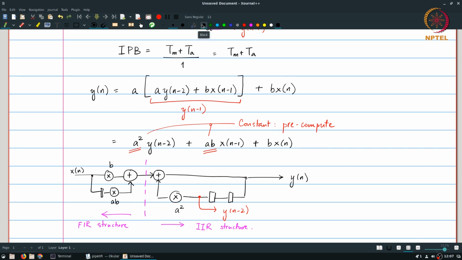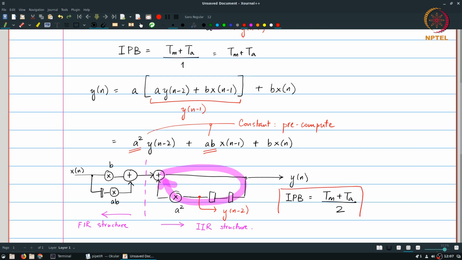But what happens on the right hand side? If I try computing the iteration period bound, what I find is that the loop of interest is going to be this one marked over here, which has a total delay of Tm plus Ta, but now has 2 delay elements on it.